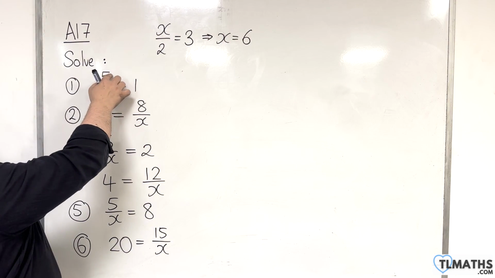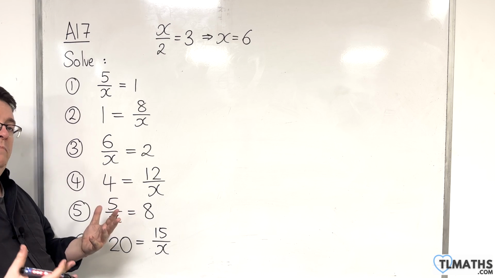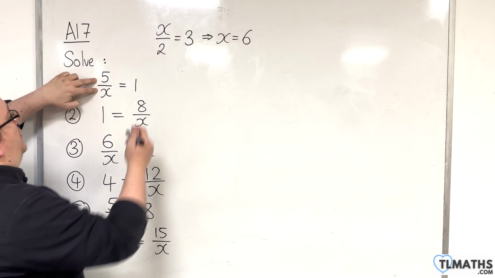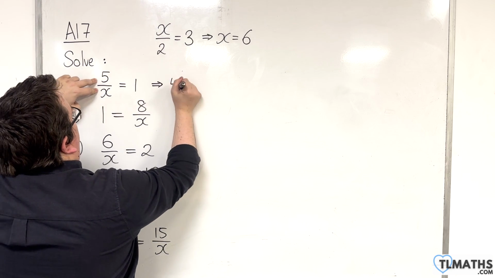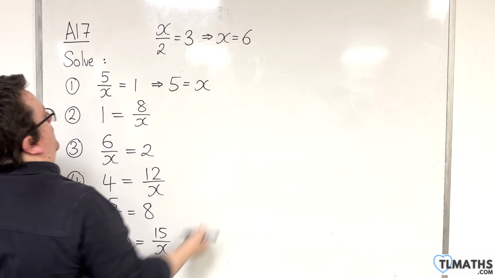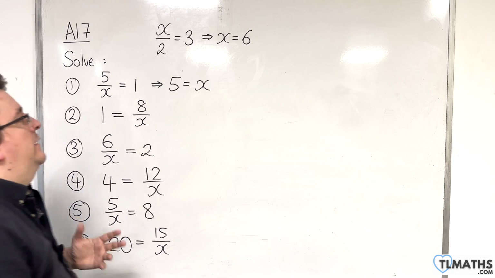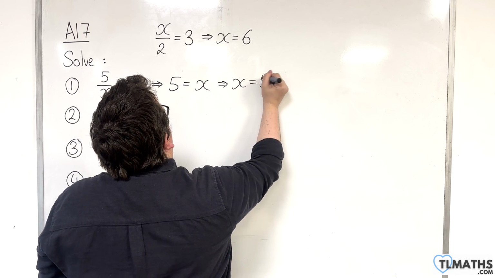So here you've got 5 divided by x, so what we'll do is we'll multiply both sides by x. So if you multiply both sides by x, you get 5 on the left-hand side, and then 1 times x on the right-hand side. Okay? And so you get 5 equals x, or if you rewrite it with x equals, that would be x equals 5.